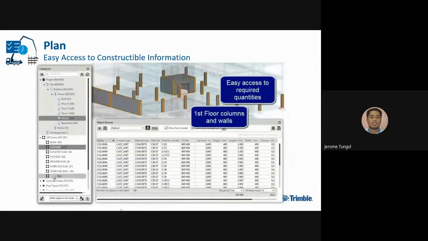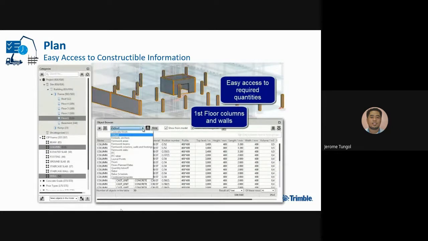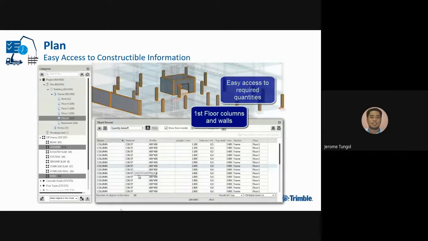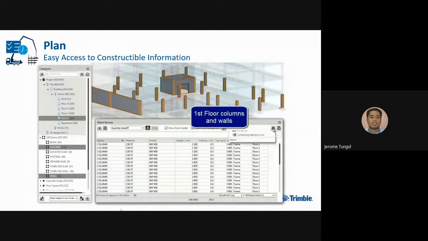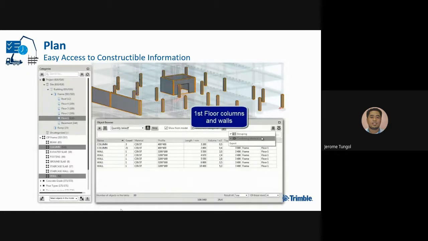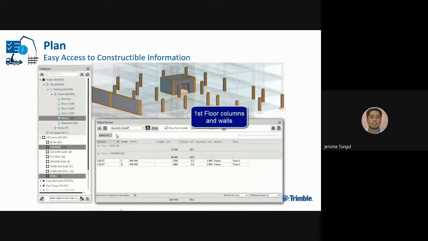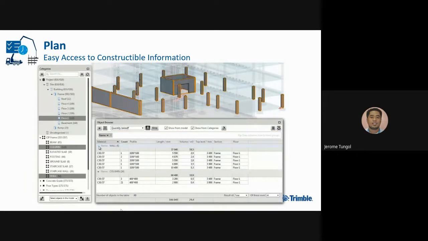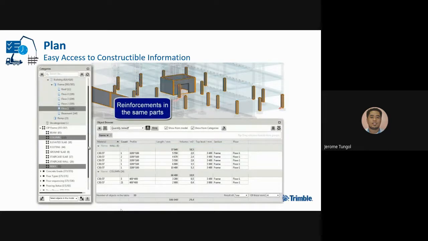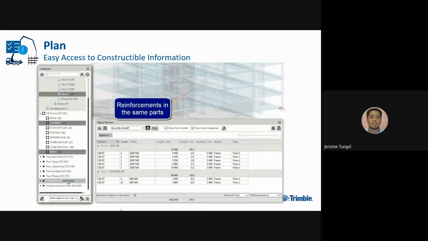And then for this example, click the first floor and walls and click the quantity takeoff template. It will automatically generate the quantity takeoff and you can group it accordingly. You can also generate a reinforcement schedule on the same part.